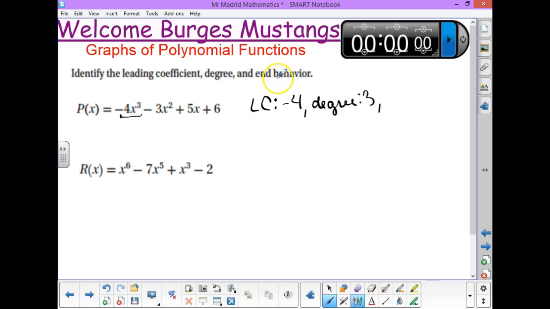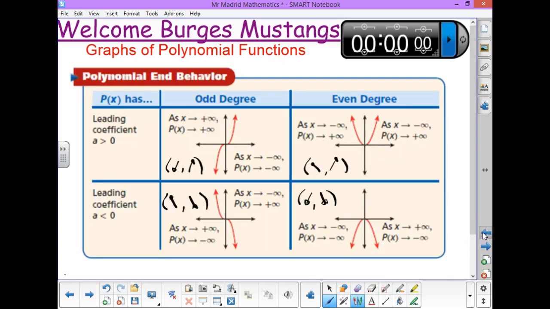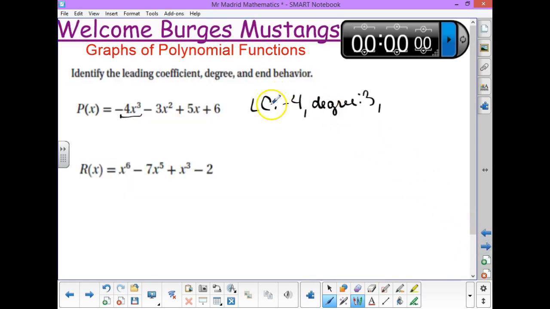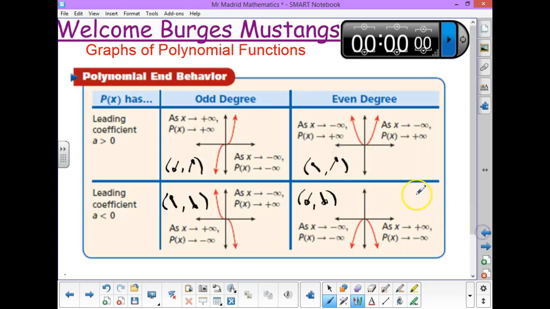And the end behavior, which we just discussed a little bit ago. Now notice I'm going to have to use this information. The leading coefficient is negative, and the degree is 3. So watch this.